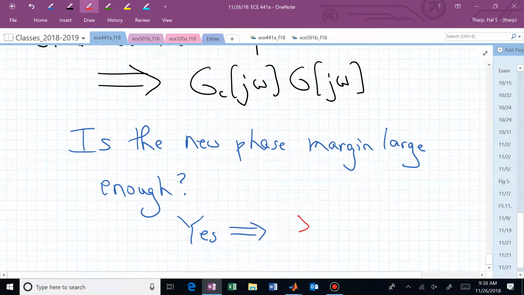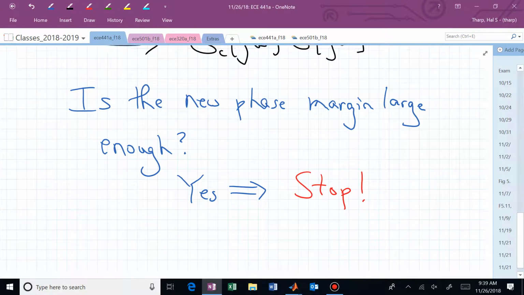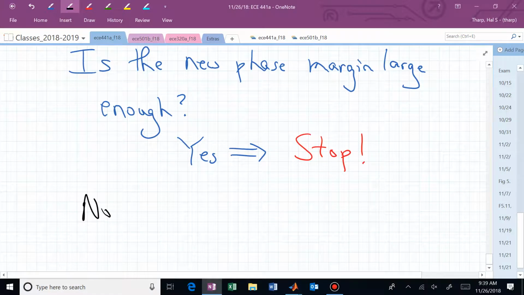If it is, again, we can pull out our red crayon and we can stop. If it isn't, now what do we do? If we didn't achieve the phase margin that we wanted, then we actually want to move lower in frequency with our omega sub C prime. So we decrease omega sub C prime.